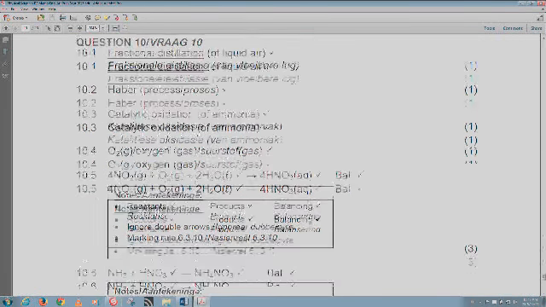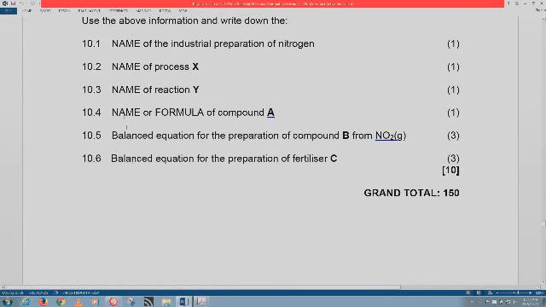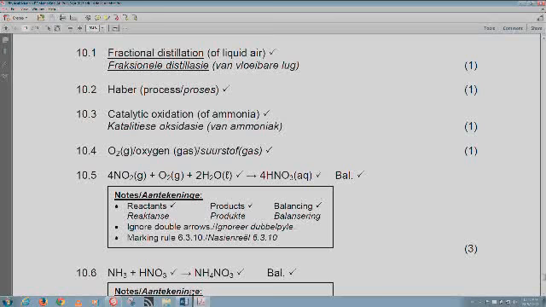And then for 10.3, write down the name of reaction Y. Reaction Y there, it is the catalytic oxidation of ammonia. But because it is shown that the reactant in reaction Y is ammonia, the words 'of ammonia' can be ignored and the learner can just say catalytic oxidation.